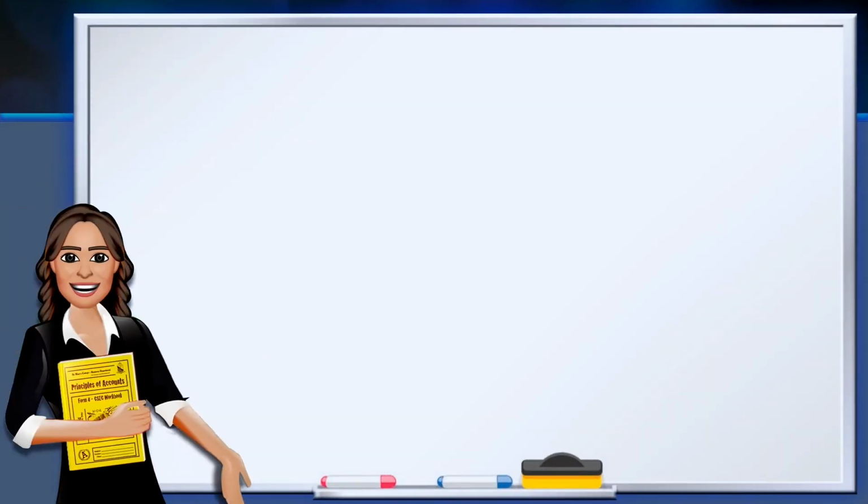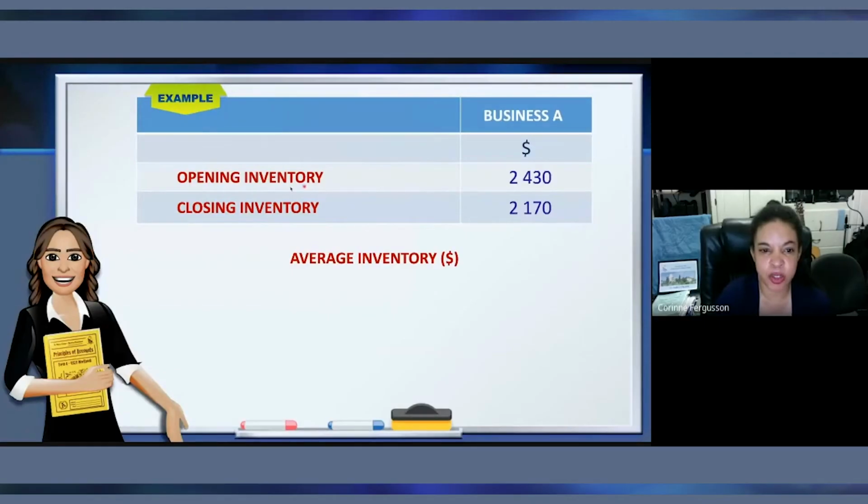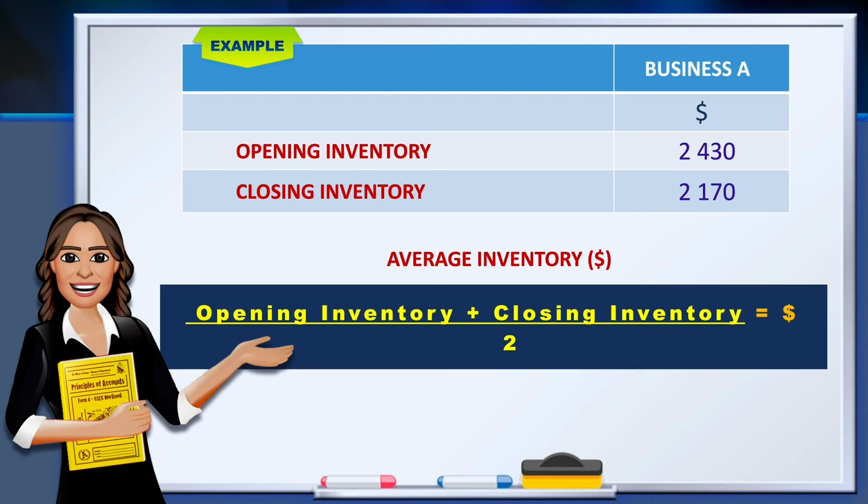Just to make it clearer, we would use an example. Here they gave you your opening inventory, 2,430, and your closing inventory, 2,170. To work out your average inventory, what is the formula? Your opening inventory plus your closing inventory divided by 2.